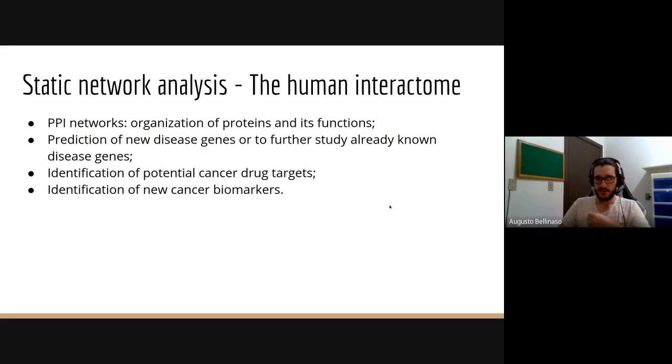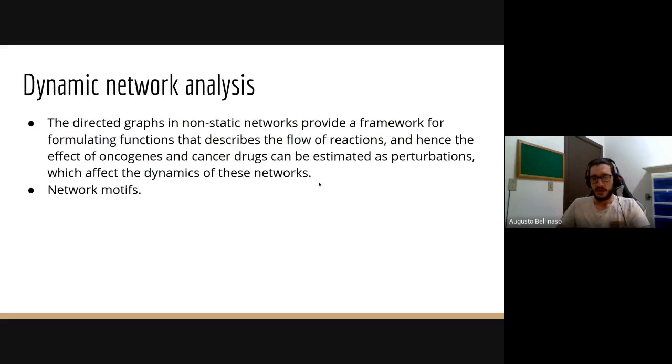But if you want to go deeper and consider more aspects of the network, we have to include the dynamics inside the networks. By using dynamics, we have non-static networks, and we can map the flow of reactions and also include the perturbations caused by oncogenes or cancer drugs inside this network.